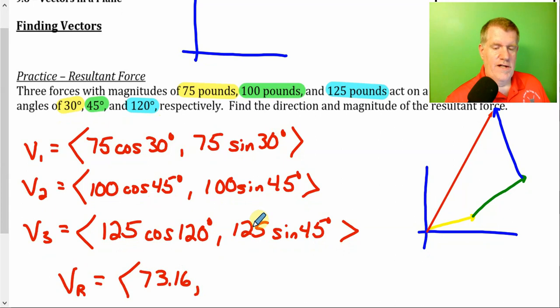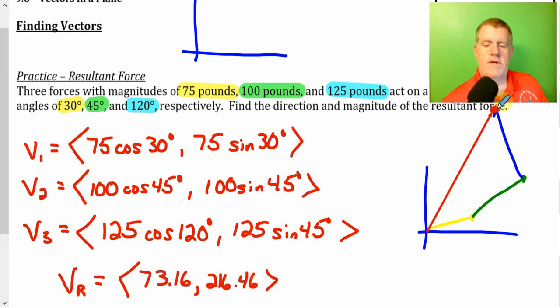Then when I added all these components together, I got 216.46. Alright, does that point up there seem like it could be 73.16 and 216.46? Possibly. All that we know is that was a rough guess as to where the answer is, and it seemed to match. So this is your resultant vector.